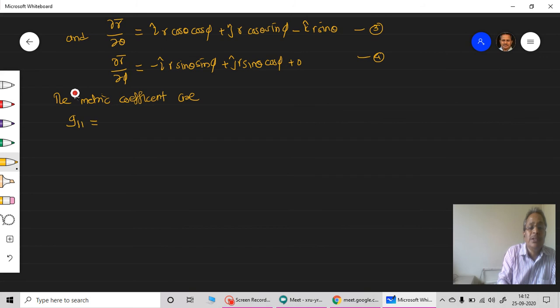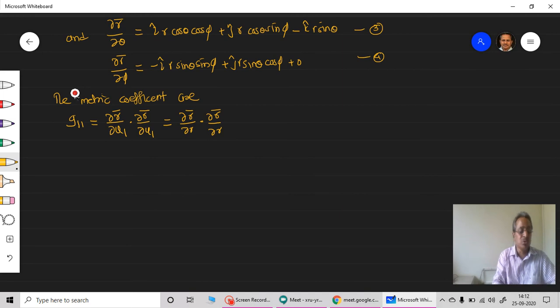I know that g11 is given by the differentiation of the vector r bar with respect to the first curvilinear coordinate u1, dot the partial derivative of r bar with respect to u1. So here it is the partial derivative of r bar with respect to r, dot the partial derivative of r bar with respect to r, differentiation of a vector with a scalar. That is our equation number 2. Take a dot product of this.